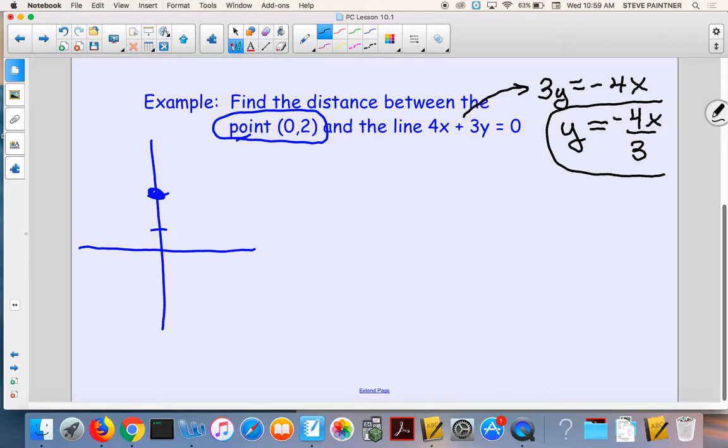Okay, somebody tell me, where do I start on this graph here? Down 4 over 3. So she's reading the slope. She says down 4 over 3 to the right. You're right, but where do I start? What point? No, this is not the point on the line.